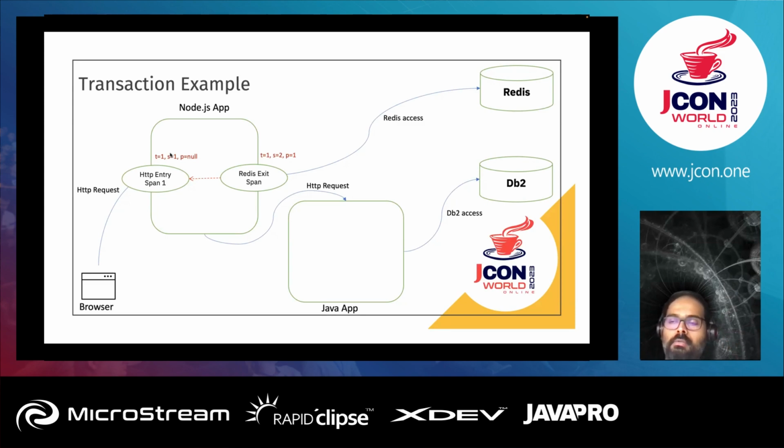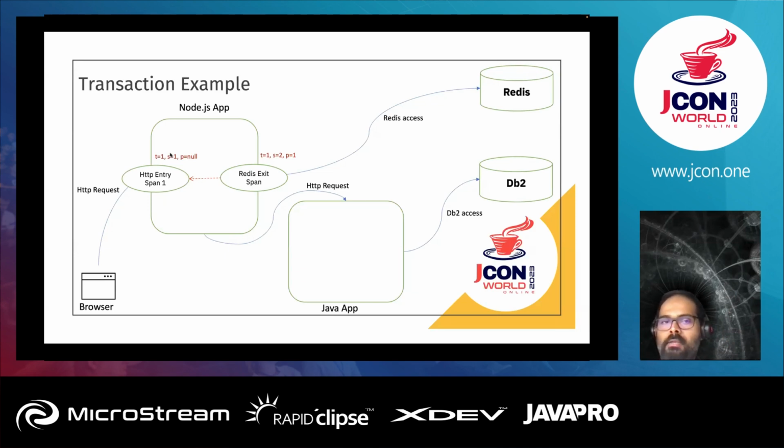That's how we bring all the spans together and create a trace. The next parameter is span, S. It generates a random 16-digit code, known as the span ID, which is unique to that span.